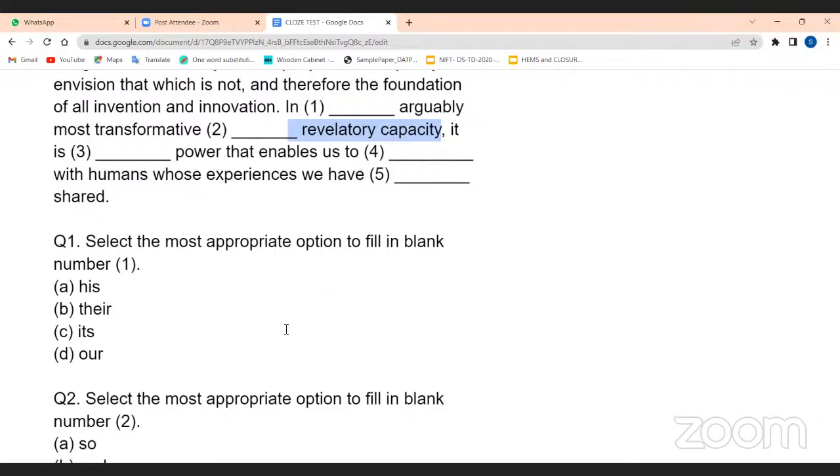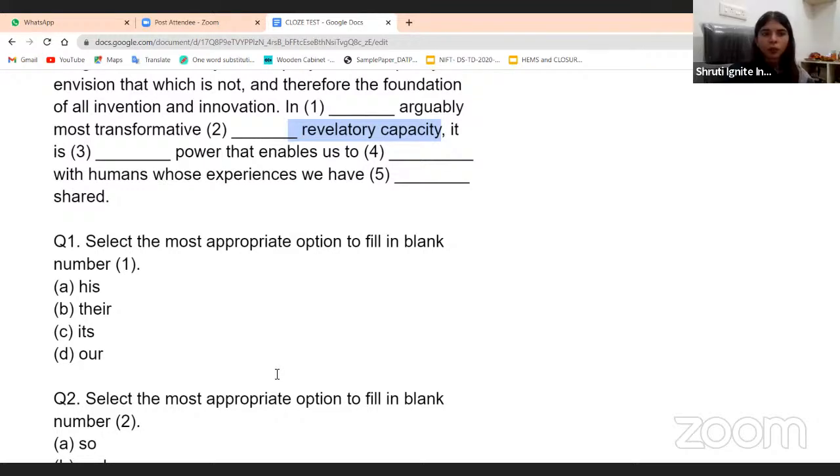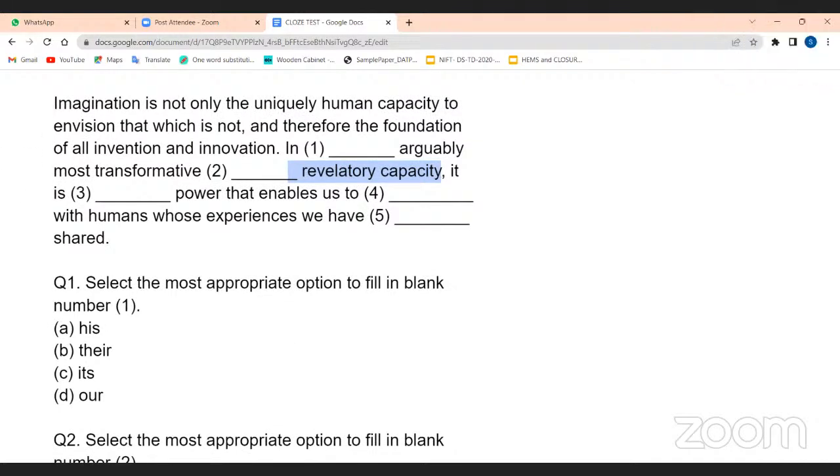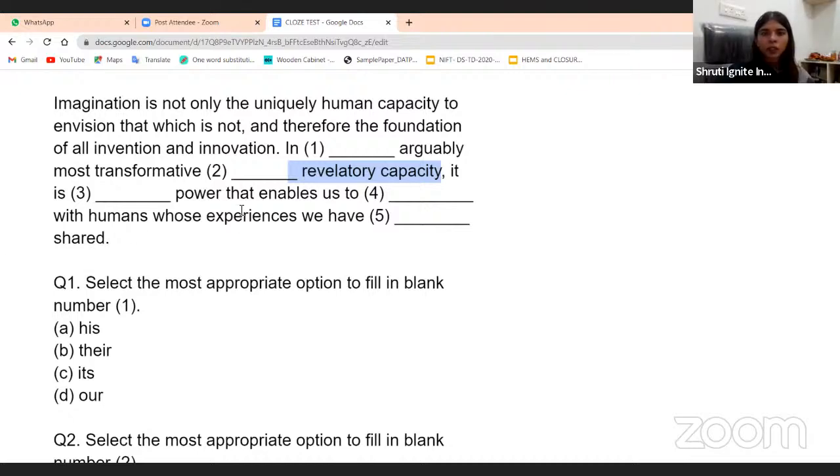But you're talking about imagination, no? "Its" would be the appropriate one, correct. So you'll go with option number C, which is "its", because you're talking about imagination and it is not going to be using any of these forms, his or our, right? So let's go with it in the first one.